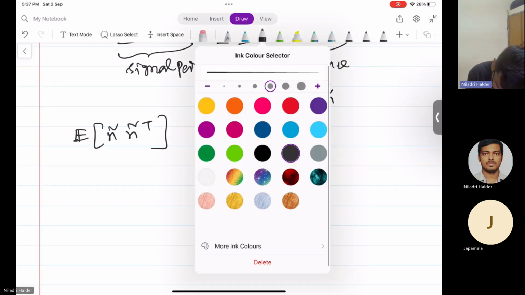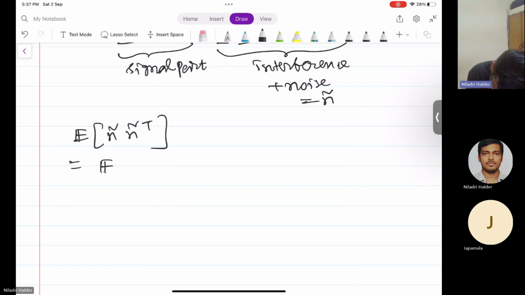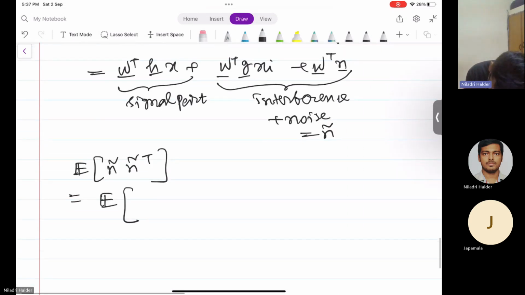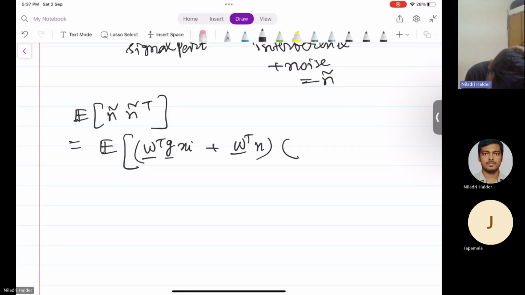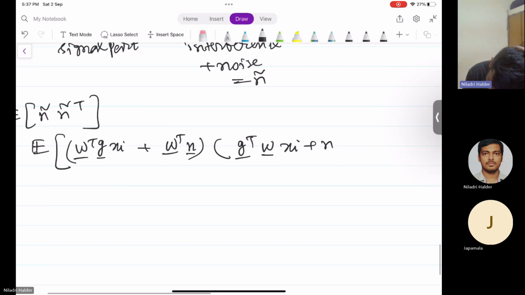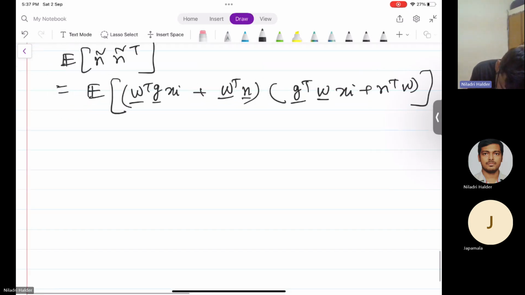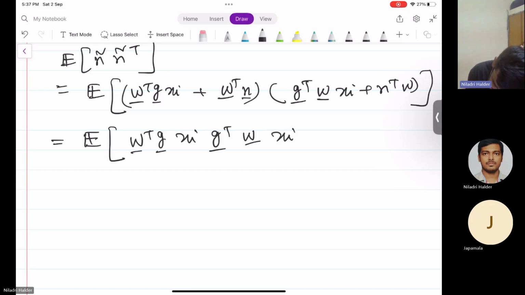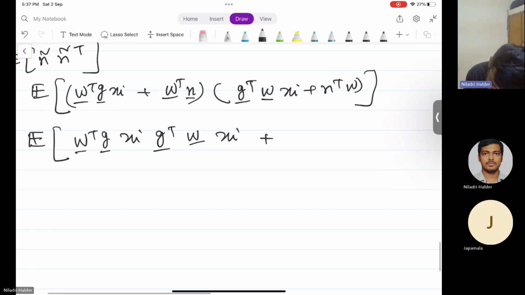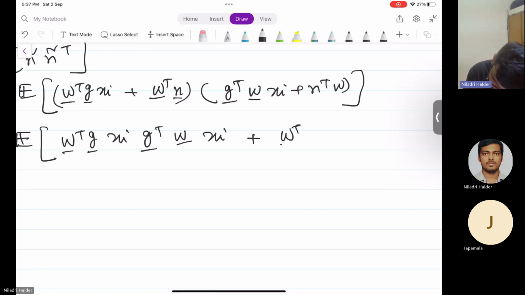So this equals the expectation of W transpose G xi plus W transpose N, times its transpose, G transpose W xi plus N transpose W. This is the same as the expectation of W transpose G xi G transpose W xi plus W transpose N N transpose W. Why?